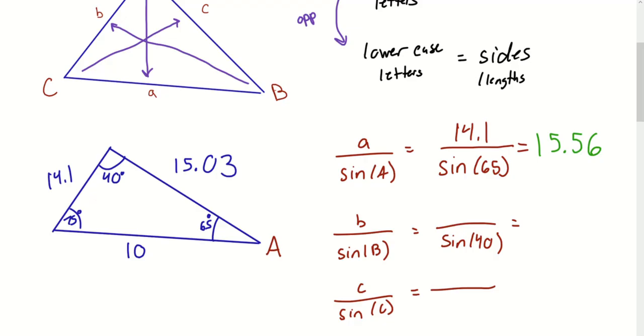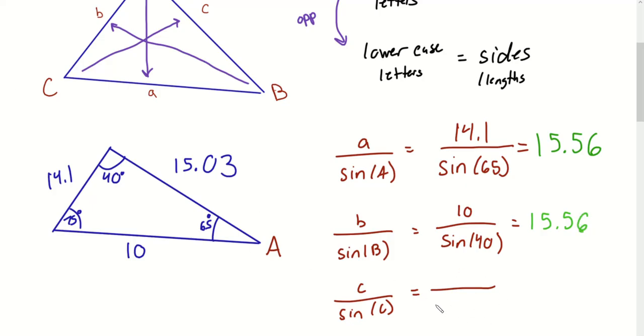Okay, what did we put on top of sine of 40, Vincent? Right here. What did you put as lowercase b? 10? Yeah. And what did we get? 56, yeah. And then Drew, what is this ratio?